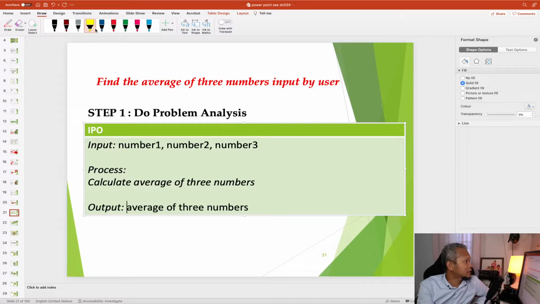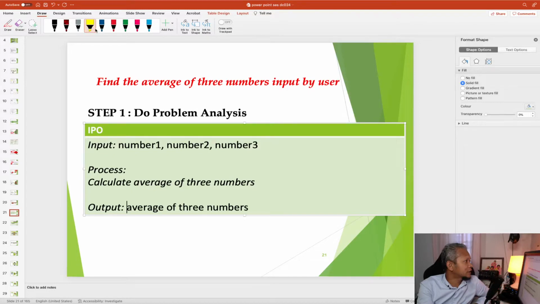So that's all for my sharing today. It is about using the algorithm. We need to use an algorithm to solve a problem after we know the IPO in the first step of problem solving. First, we need to do problem analysis using the IPO, identifying what the input, process, and output are. After that we need to design the solution. So how to design the solution? We use the algorithm.